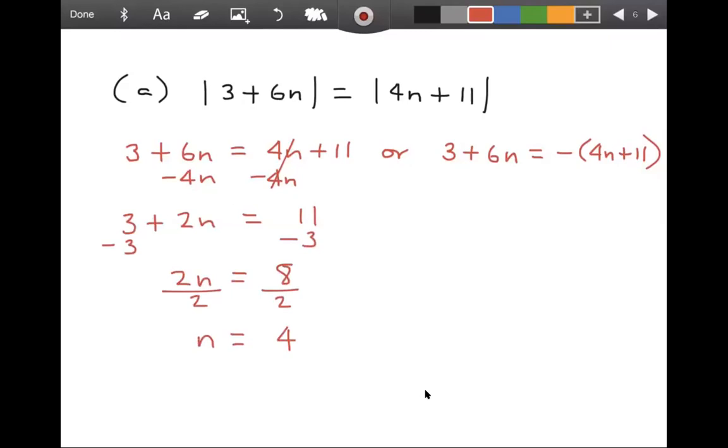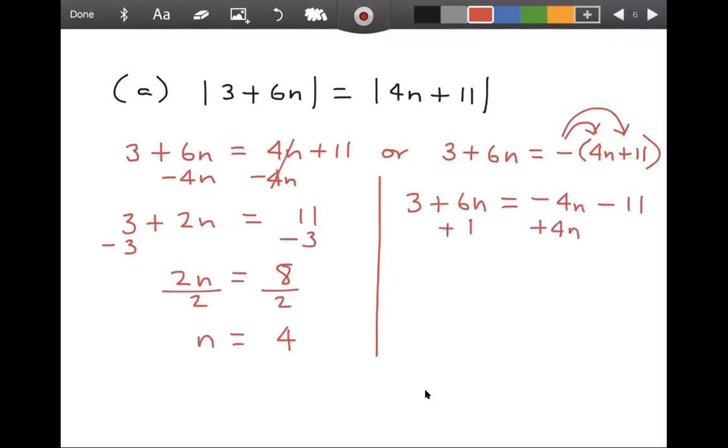The other possibility is that 3 plus 6n is the opposite of 4n plus 11. So as I said, I'm going to start by distributing that negative sign. Let me drop a little fence here so I don't get my work all mixed together. 3 plus 6n equals negative 4n minus 11. So now I'm going to add 4n to both sides, which is going to give me 3 plus 10n equals negative 11.